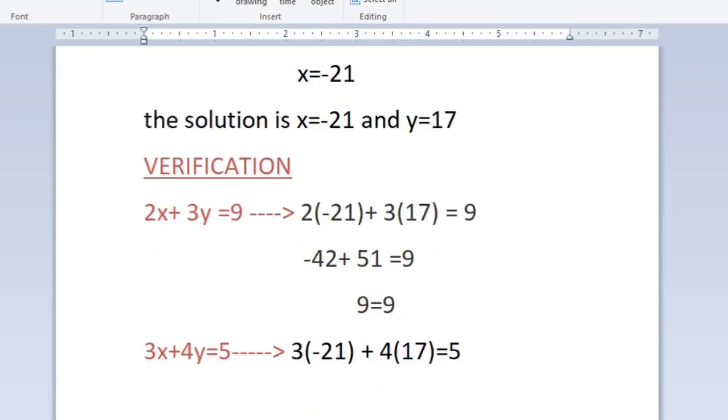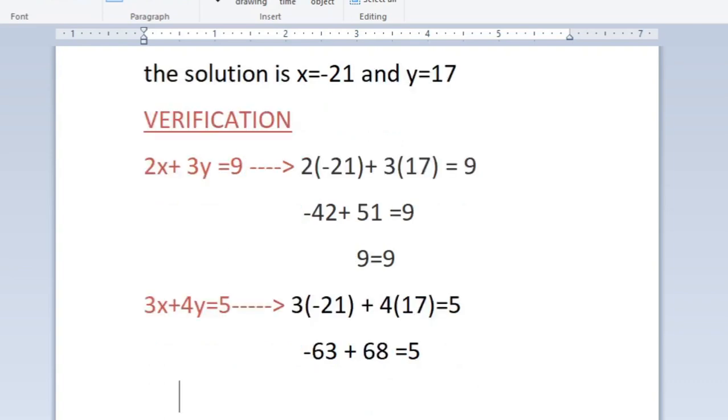Now, if you go through the simplification in LHS, here multiplication is going on. Therefore, plus of minus is minus. Minus 3 into 21 is nothing but 63. Plus into plus is plus, 4 17s are 68, is equal to 5.